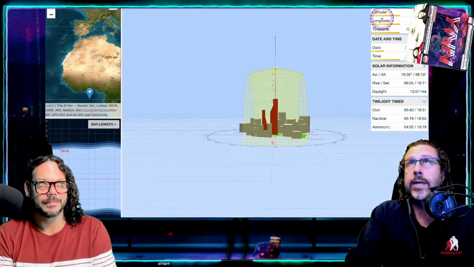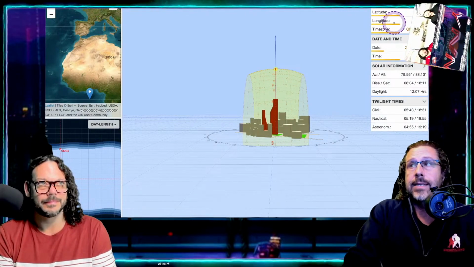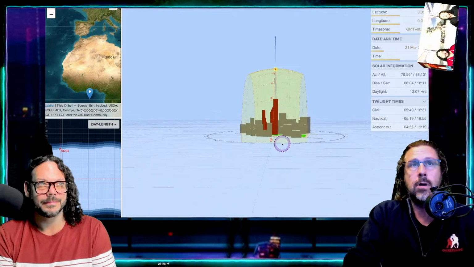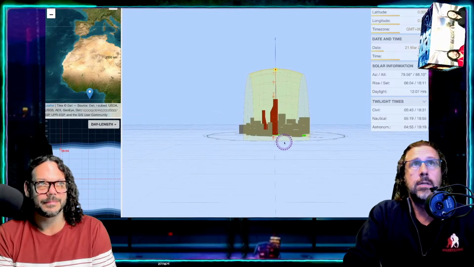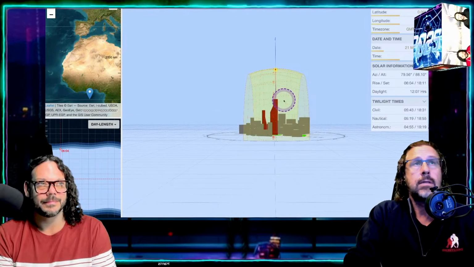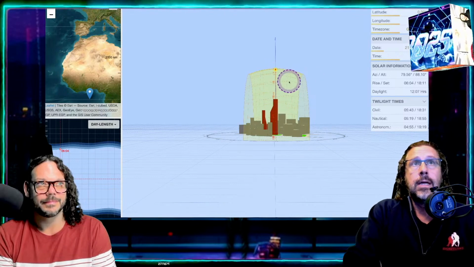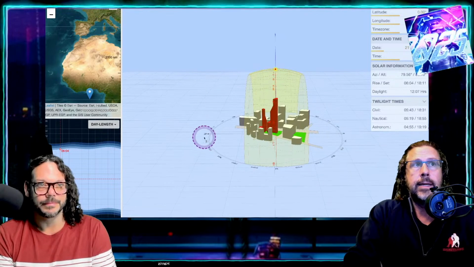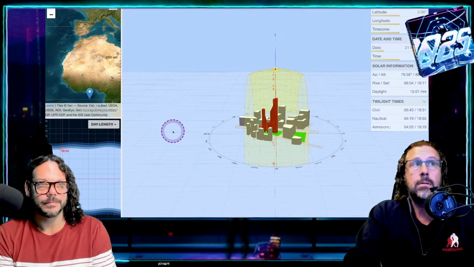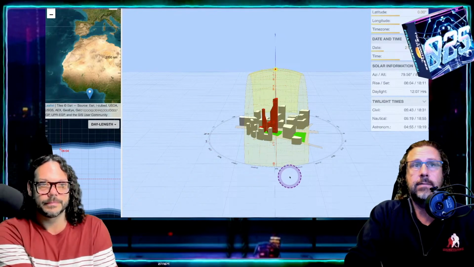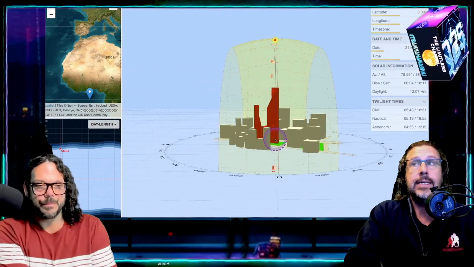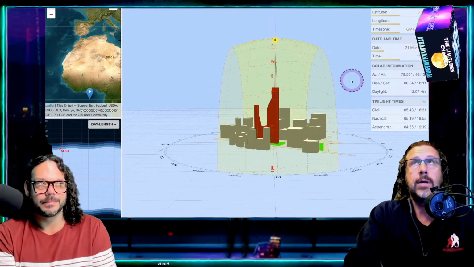So we're at the prime meridian and we're at the equator, 0 and 0. All the images you're going to see in the graphics that I'm presenting are based on this day, this type of setup. And I've got north on the left-hand side over here. So we are in the west looking east at this view right here.